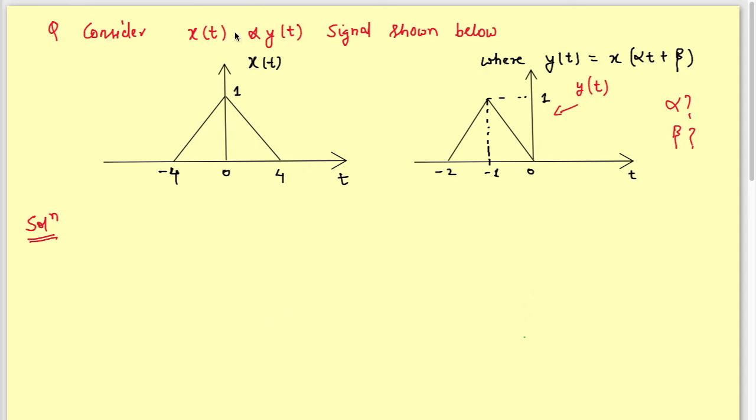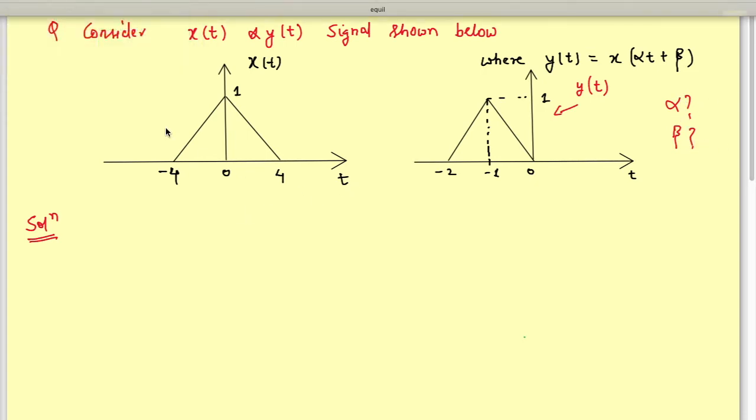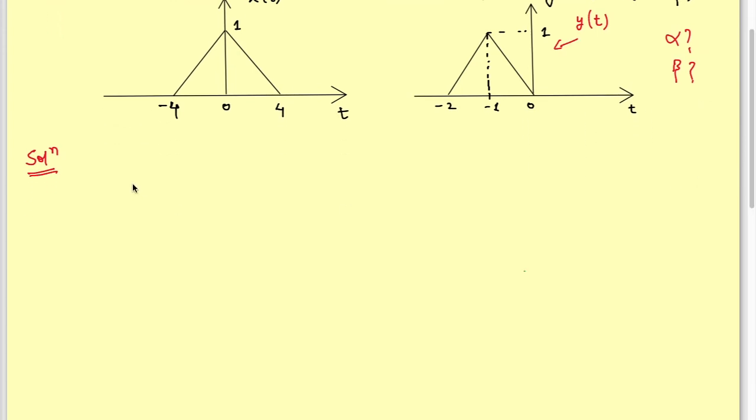In this problem, we are given x of t and y of t. We need to find the value of alpha and beta. So let's get started. y of t is x of alpha t plus beta.